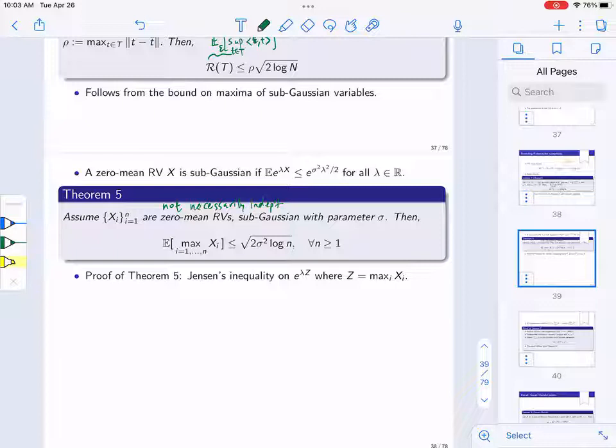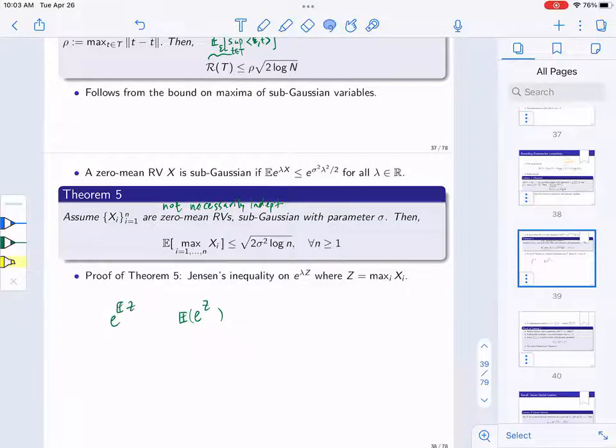Okay, so the expectation of Z, and then e to the expectation of Z. We're going to use the fact that e to something is also convex.